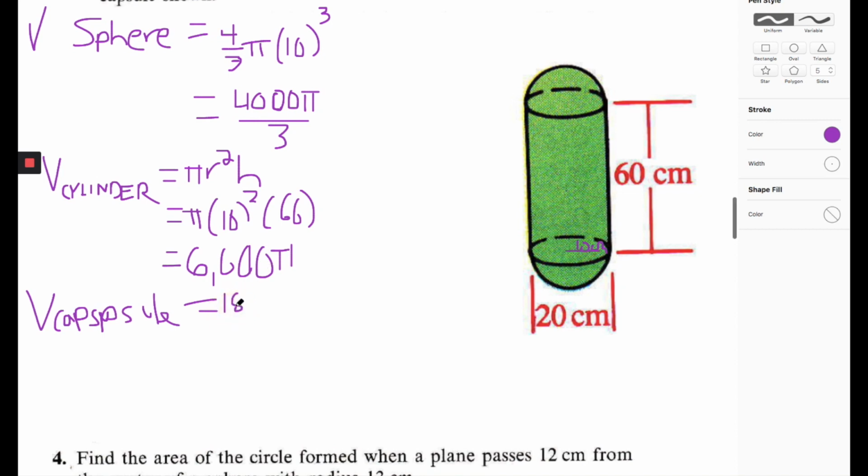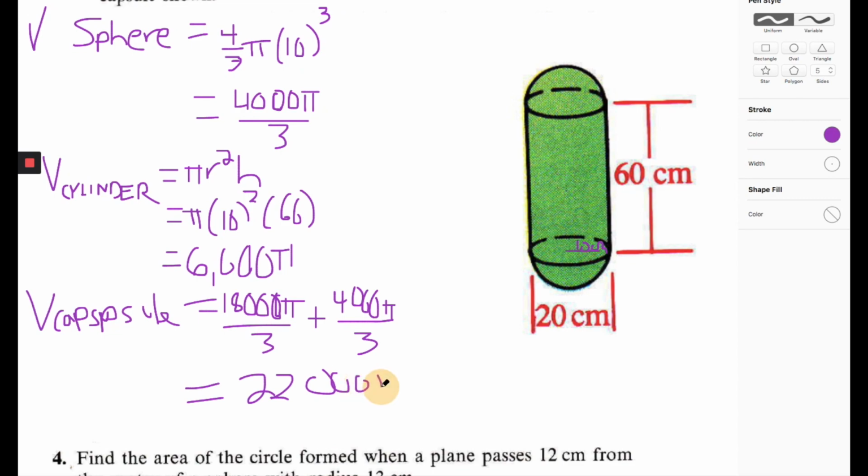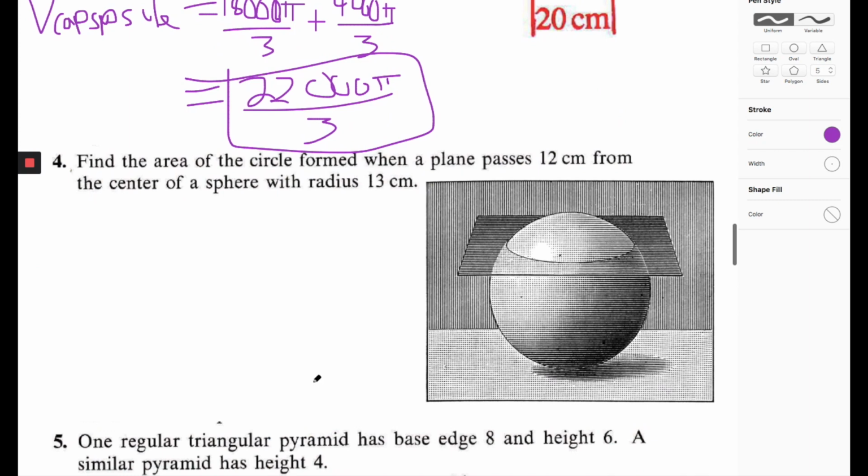So 18,000 pi divided by 3 would be equivalent to that. And we're just going to add that to 4,000 pi. And I do that so that we can get a nice clean answer where we really only have one term we're looking at here. So this is 22,000 pi over 3.